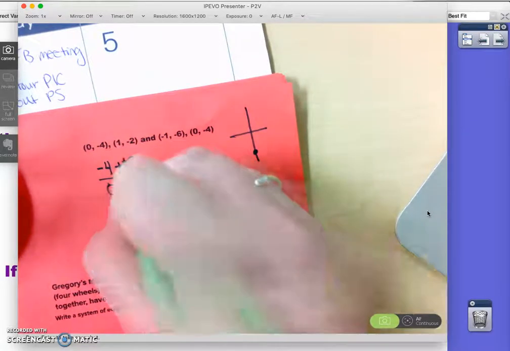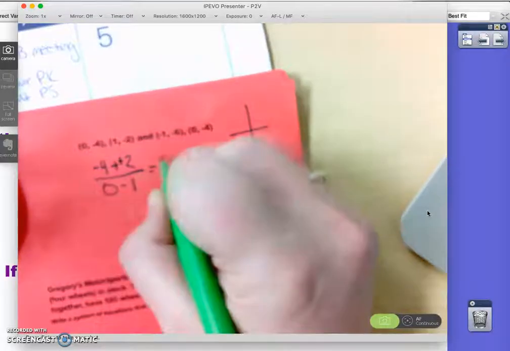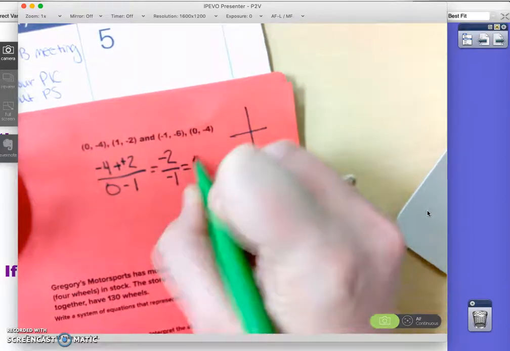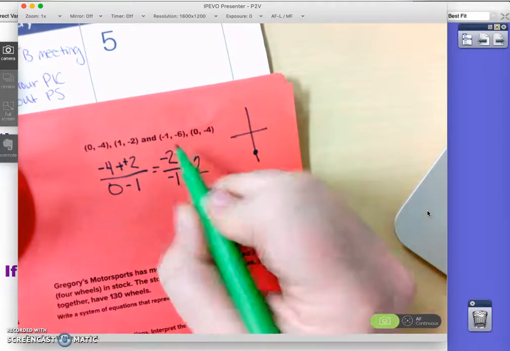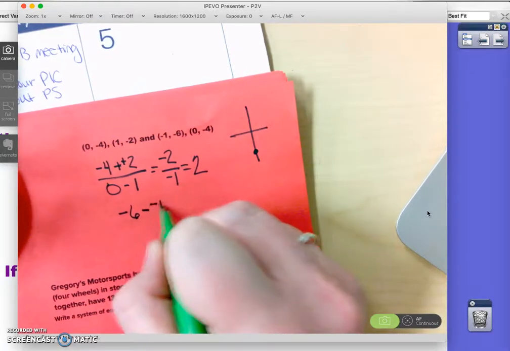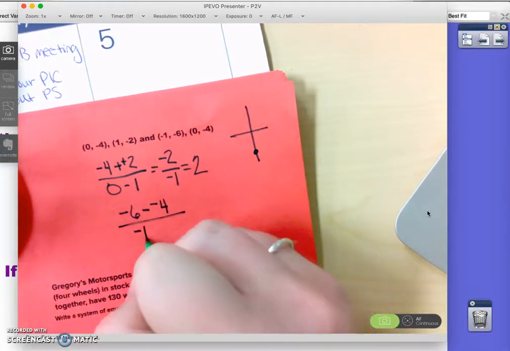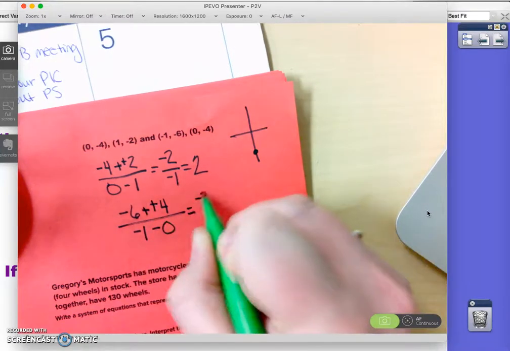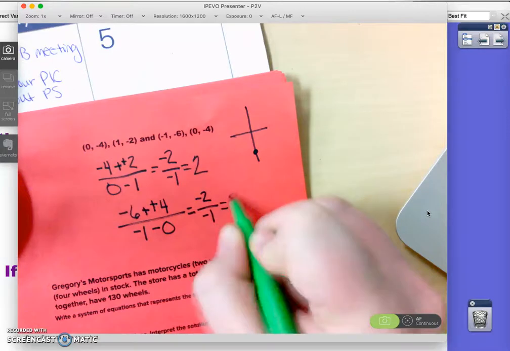This becomes negative 4 plus 2, which is negative 2, over negative 1. This gets me 2. And then here, negative 6 minus a negative 4, negative 1 minus 0. This becomes negative 2 over negative 1, which becomes 2.